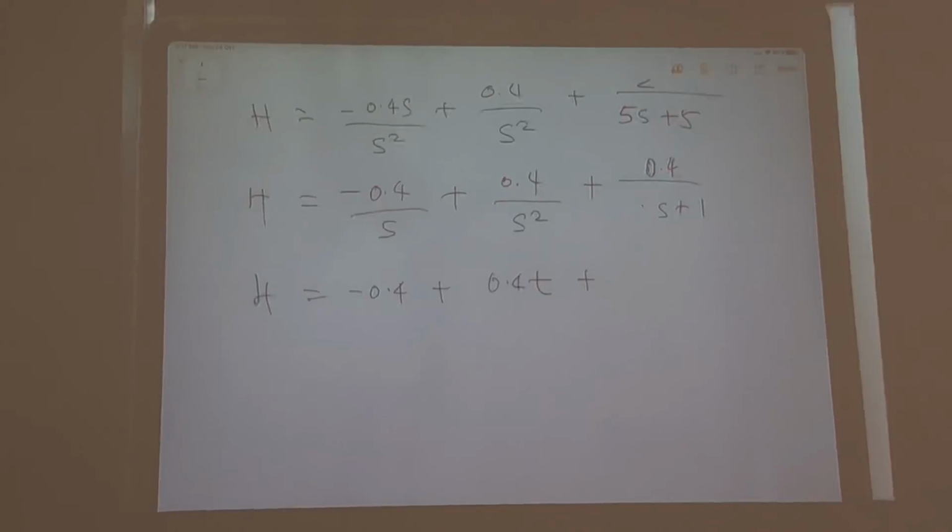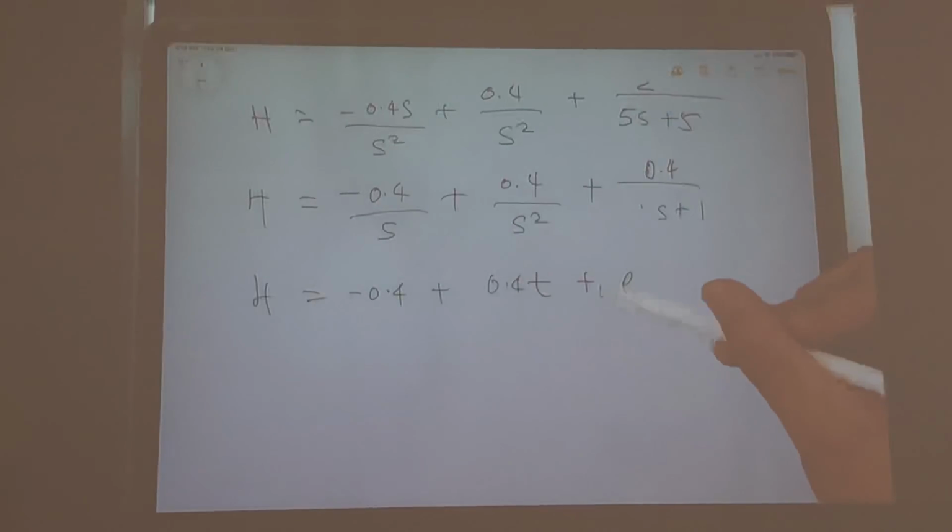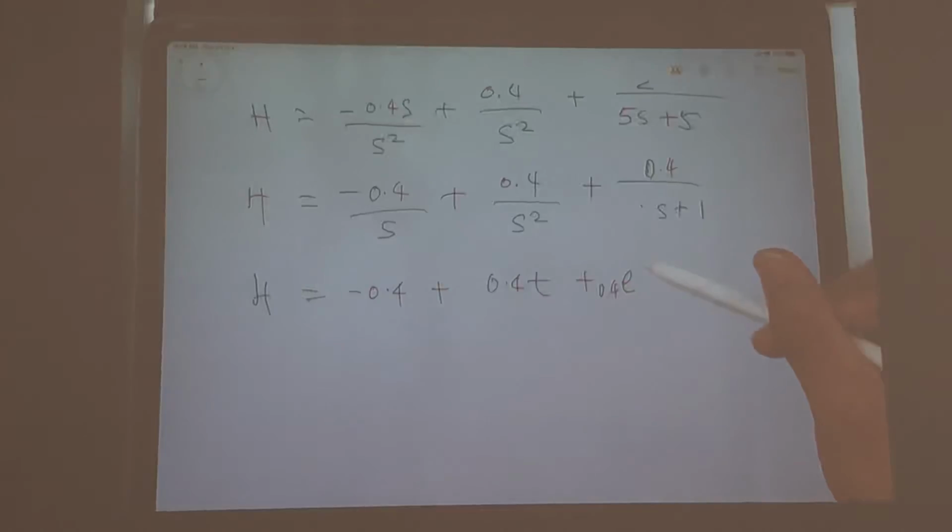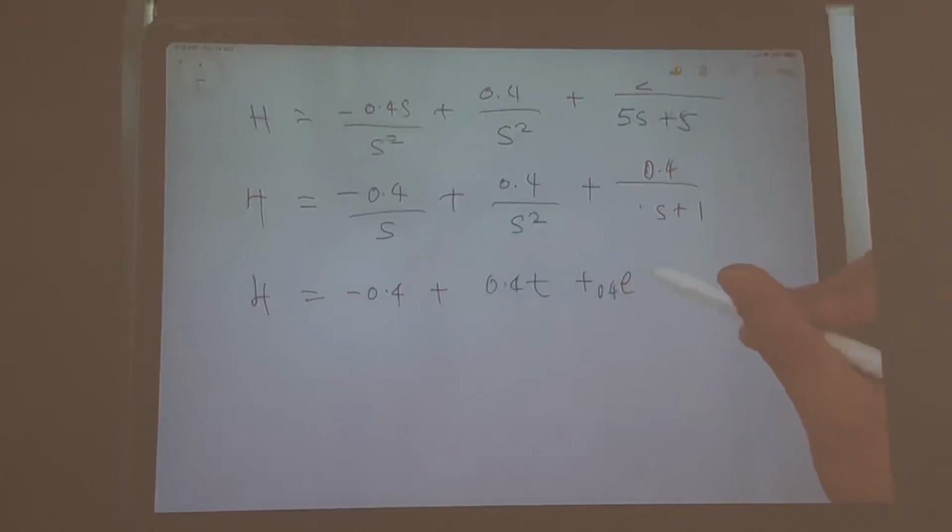So 0.4 divided by s plus 1 is actually, if I look at the table, it should be this one, right? 1 divided by s plus b, alright? So if I inverse it back, it is e power of minus bt. So the b is actually 1 over here. So I got 0.4 e power of minus bt, which is minus t.